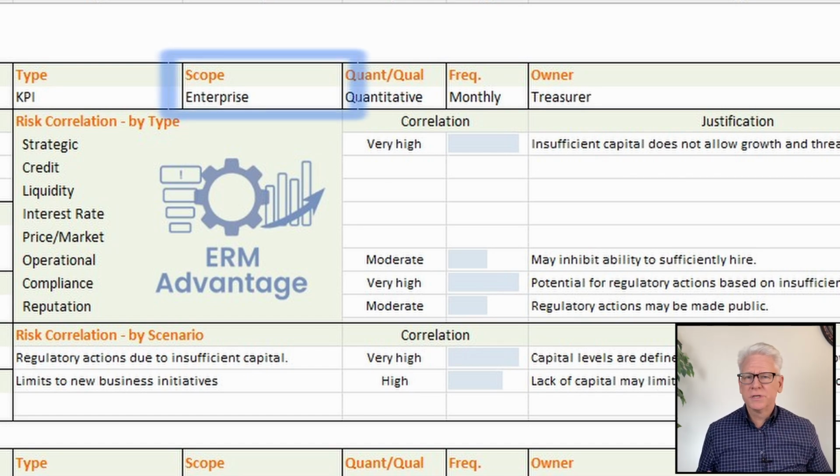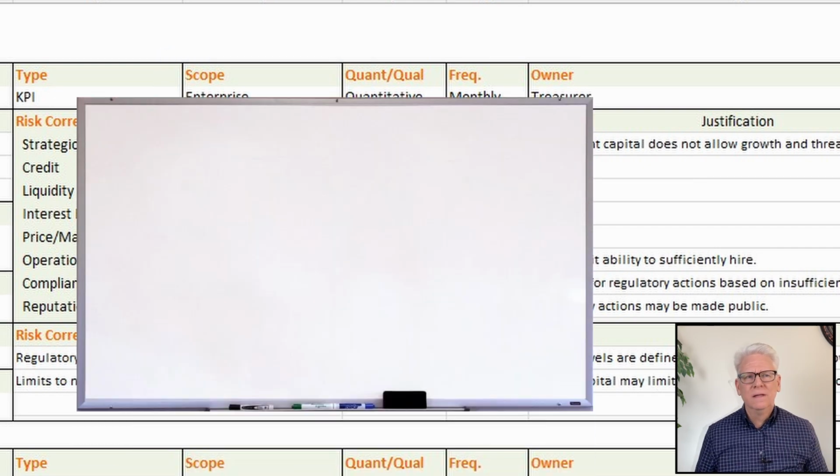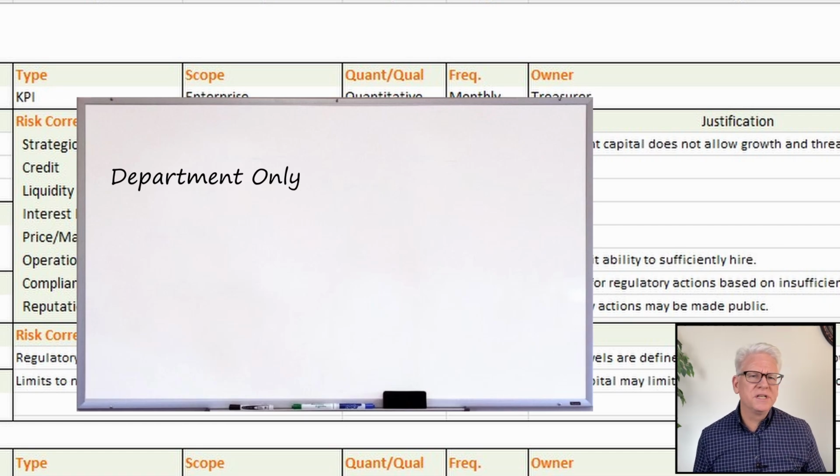Next is metric scope. And again, going back to our prior videos where we characterize different types of metrics, there will be three types. First, department only, originating within a business unit and either just remaining there or, if significant enough, could be reported if only representing that business unit.